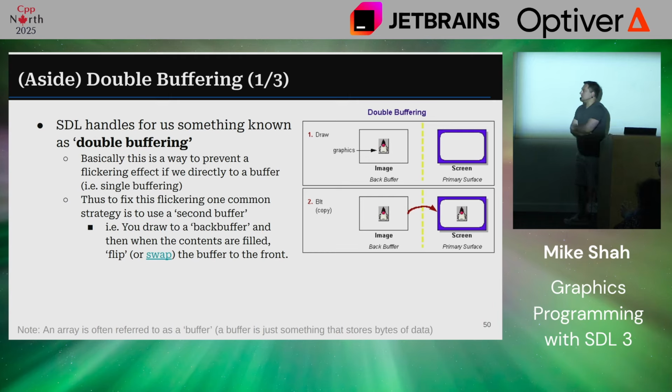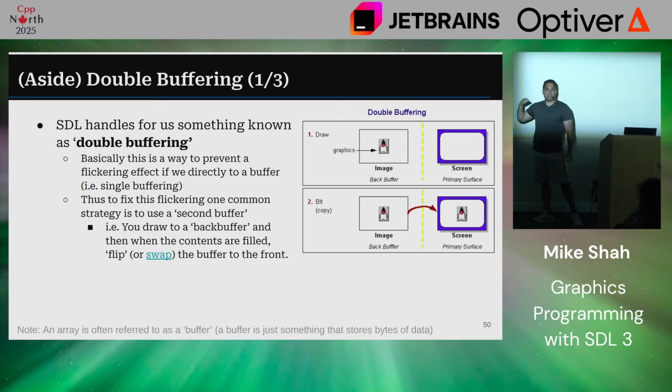Now, in order to make this a little bit smoother, typically what we do is we prepare the pixels that we want to draw, and we put them into a back buffer, we'll call it. So a memory that's reserved either in CPU or GPU if we're doing hardware accelerated, and then flip the back buffer and copy that data into the front buffer once we're done saying we want to present all these graphics.